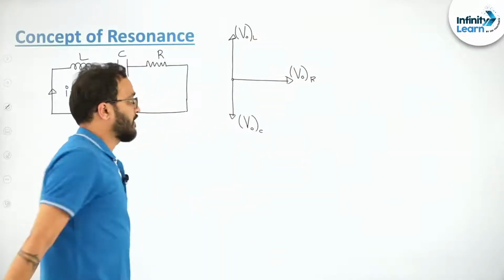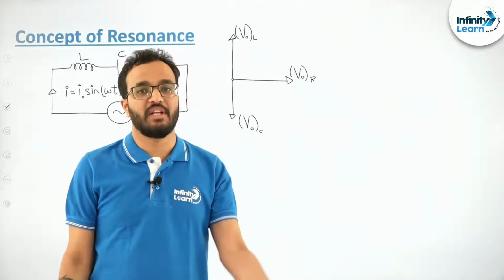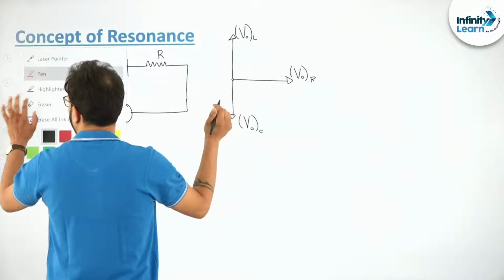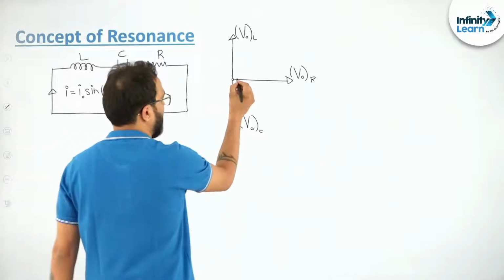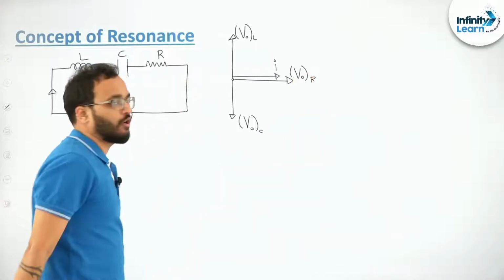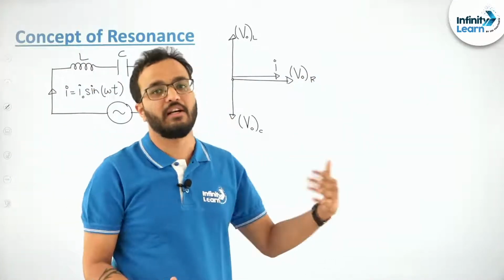The phasor diagram was always drawn for the peak values, the amplitudes. One more thing: the current was in phase with the potential drop in the resistance.